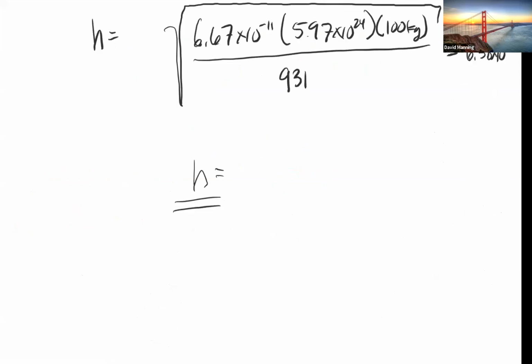All right, back to the calculator. I got 1.6 times 10 to the 6 meters, or to the 5th, sorry. 1.6 times 10 to the 5th meters.